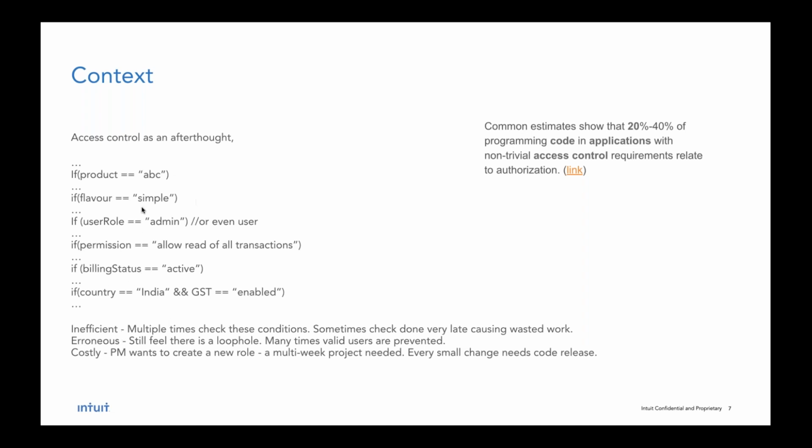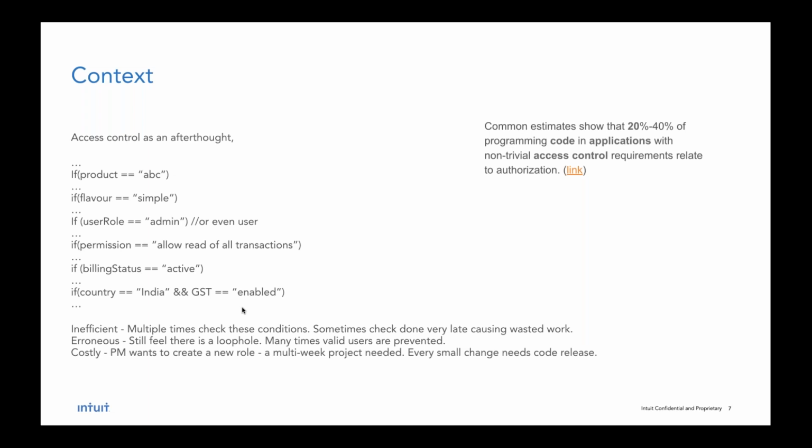What is the problem with this? There are a few problems. So one is it is inefficient, because you would see that in a single request multiple times we would check these conditions, and many times you would do a lot of work. For example, make API calls, go and fetch data from database, and then realize that, oh, this data should not be sent to the user, and this results in wasted work.